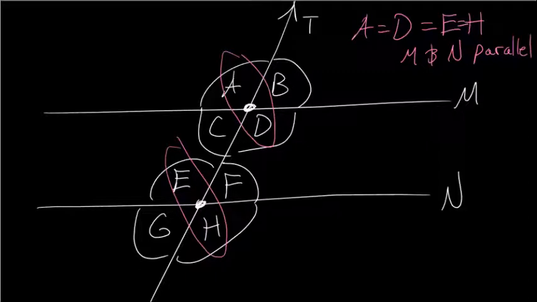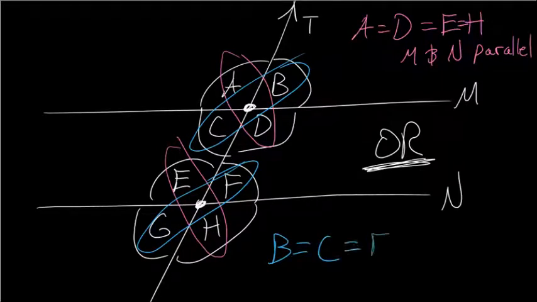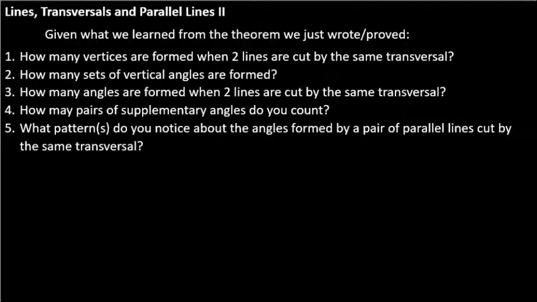Or you could also say if B equals C equals F equals G. So if B, C, F, and G are all equal, you could also say that M and N are parallel. Okay, so if either one of these two things is true, then there you have it. I'll leave you to prove it. If you actually draw it, it will be true.